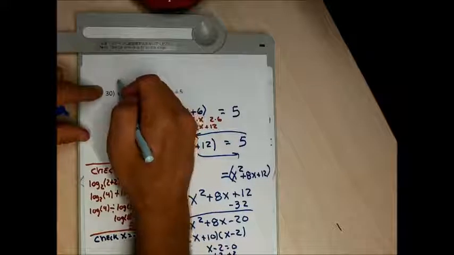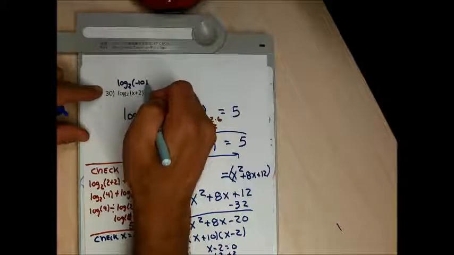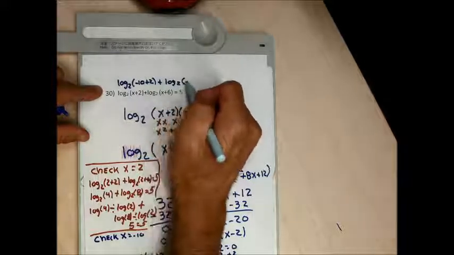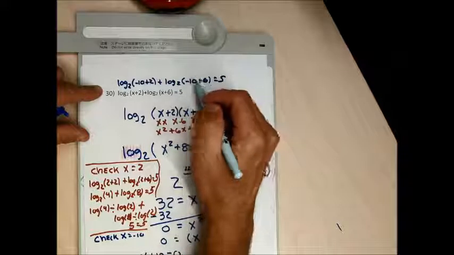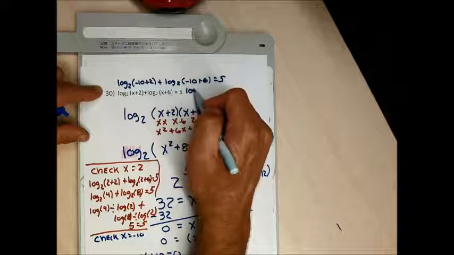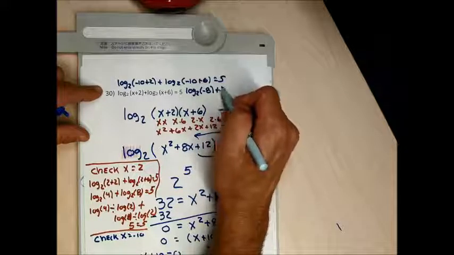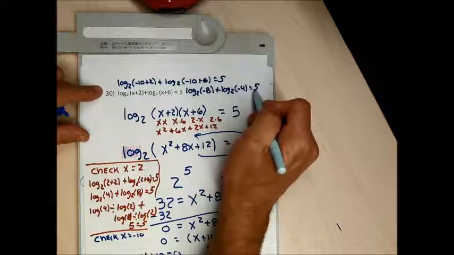I'm going to go log base 2 of negative 10 plus 2 plus log base 2 of negative 10 plus 6 equal to 5. That's going to give me the log base 2 of negative 8 plus the log base 2 of negative 4 equal to 5.